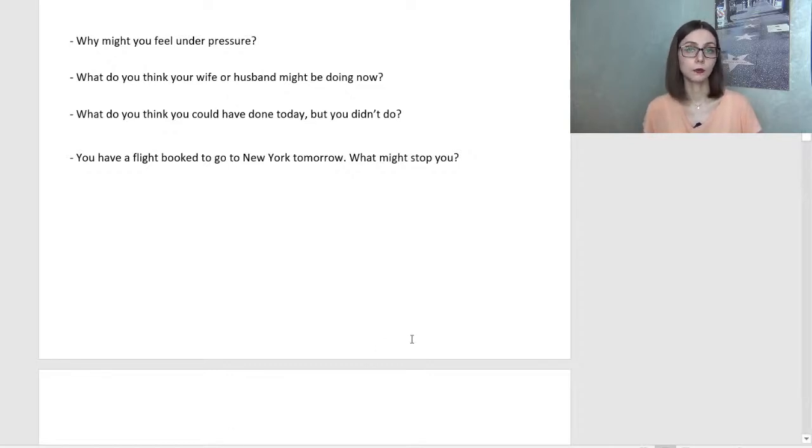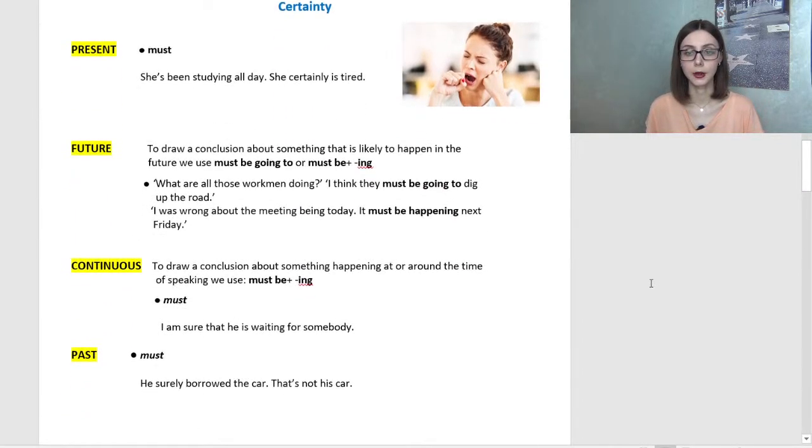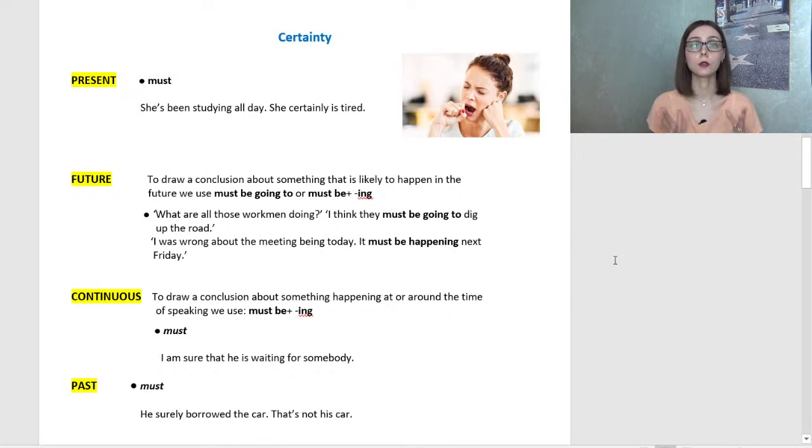Now we're going to move to the next part of this grammar, and we're going to look at certainty. So what is certainty? Certainty is when you are sure.